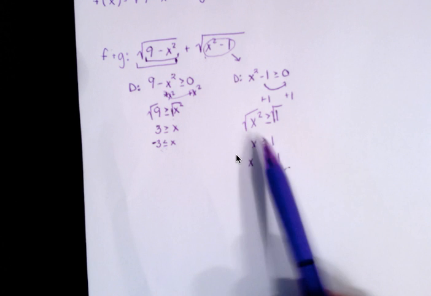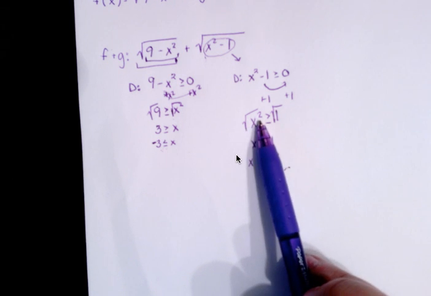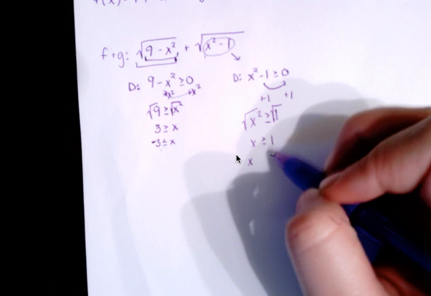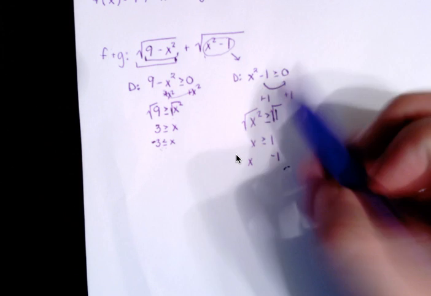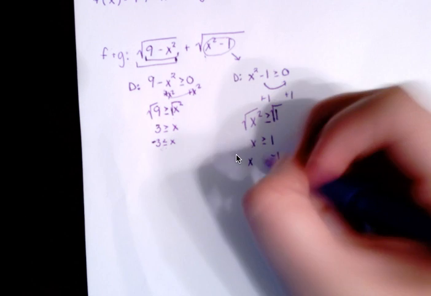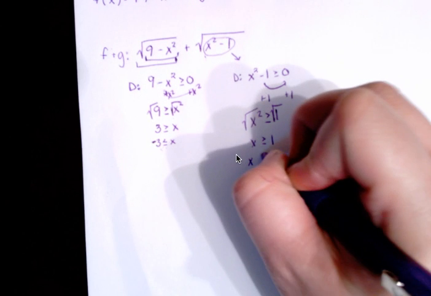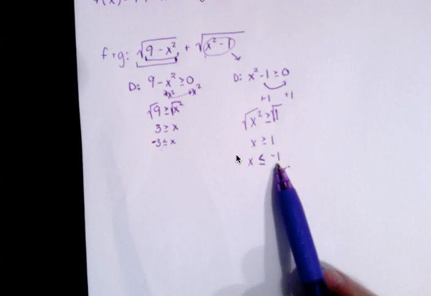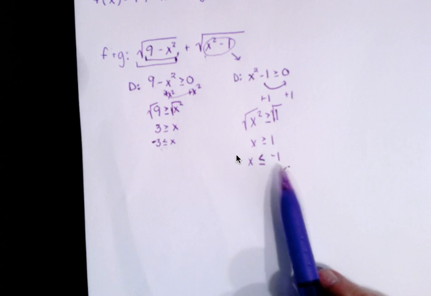If I plug in 0 here, 0 squared is 0, and 0 is not bigger than 1. So it can't be bigger than -1, so let's try something smaller than -1. -2 squared is 4, and that's greater than 1, so I want x to be less than or equal to -1. So again, that sign just flipped when we're dealing with a negative case.